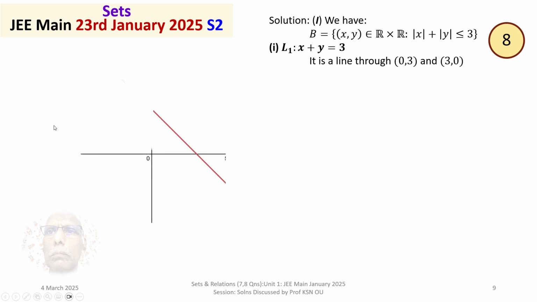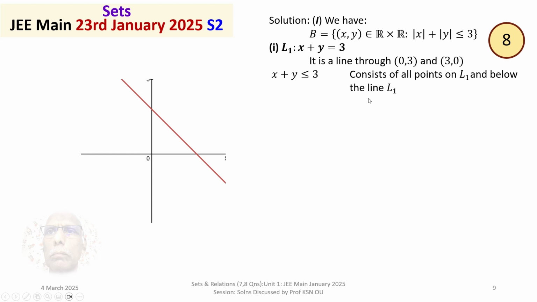So this is the two-dimensional plane and this is the line L1, passing through (0, 3), (3, 0). But we have to consider this inequality. Now x plus y less than or equal to 3 consists of all points on L1, because of equal to, and below the line L1, because it is less than.